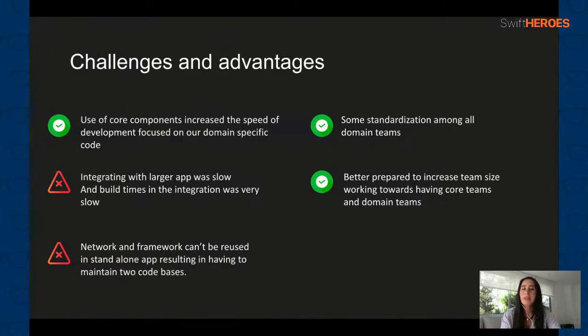One of the advantages was that since we started to use core components that were created by other teams that were focused on that specific task, our speed of development actually increased. So yes, having specific teams that create components that could be reused by the whole domain teams creates more speed.